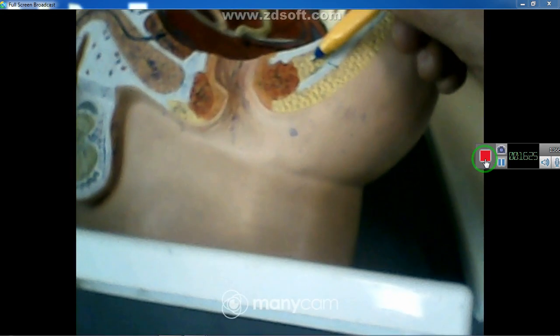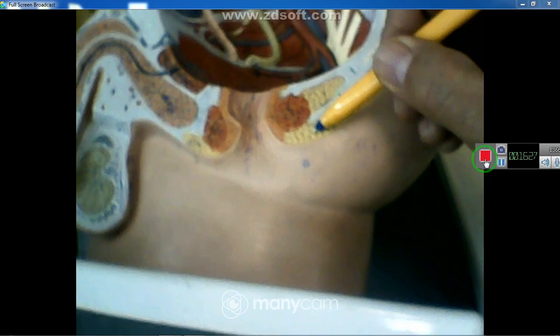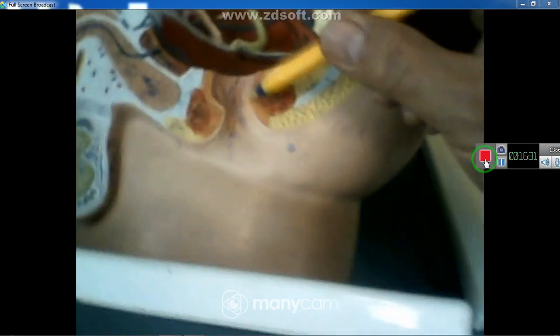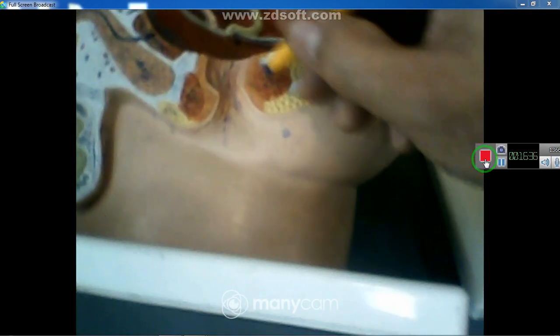This is the ischiorectal fossa. This is the ischiorectal fossa. This is the perianal space. All of this is the perineum. So here the fistula will be just like that.